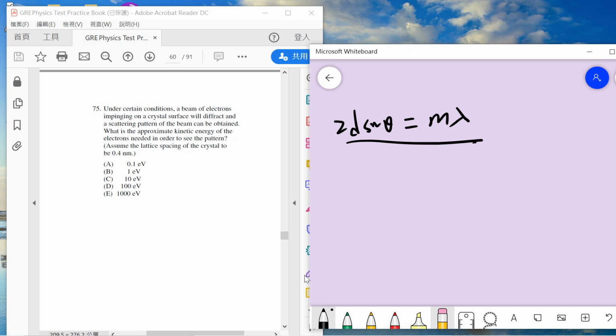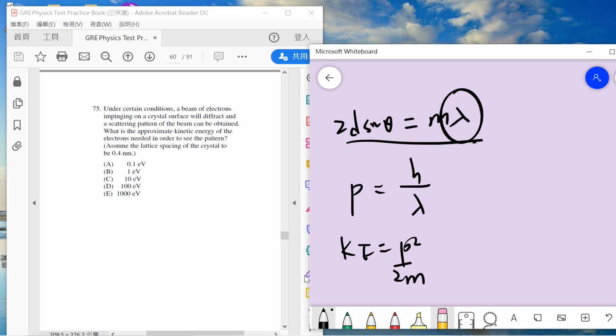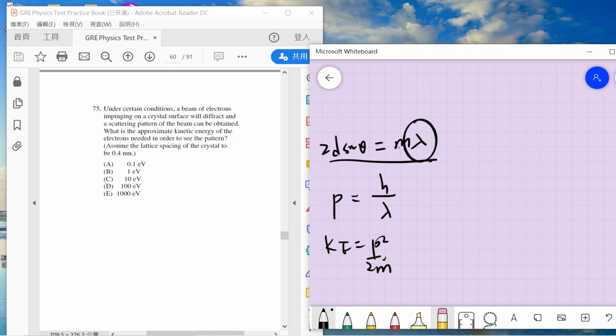Once you know lambda, you can calculate the momentum by the de Broglie wavelength, and this gives you the kinetic energy by p squared over 2m. By the way, this m is different from that m; this m is an integer.